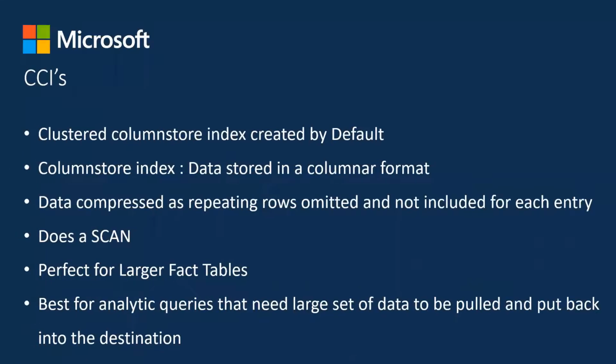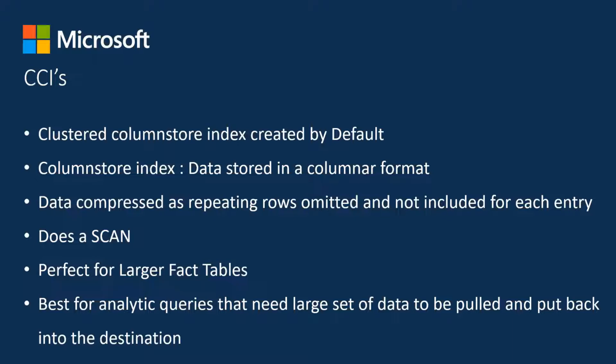The data is compressed, that we came to know, and the clustered column store index, the clustered index, always does a scan. When we talk about scan, it makes an overview of the data. Suppose you have millions of records, then it scans the records rather than seeks, because there is a difference.